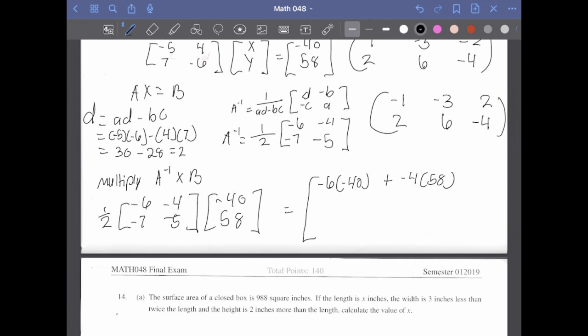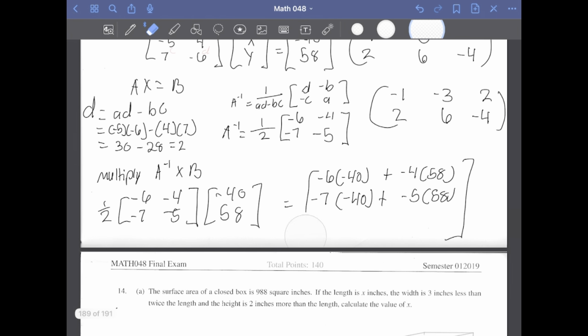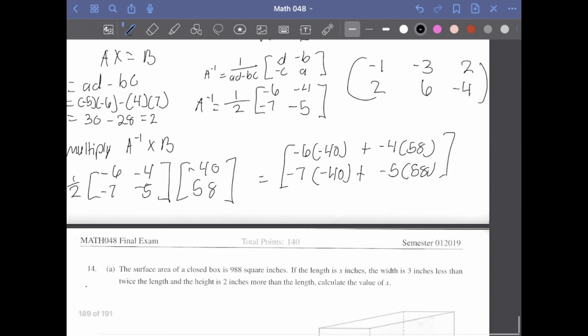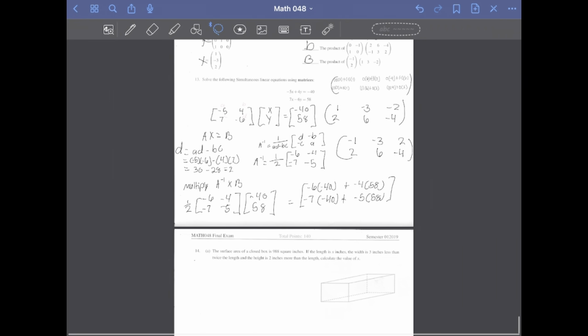And then our bottom entry is -7 times -40 plus -5 times 58. That's way too much space, I need space. I'm gonna make all of this smaller.